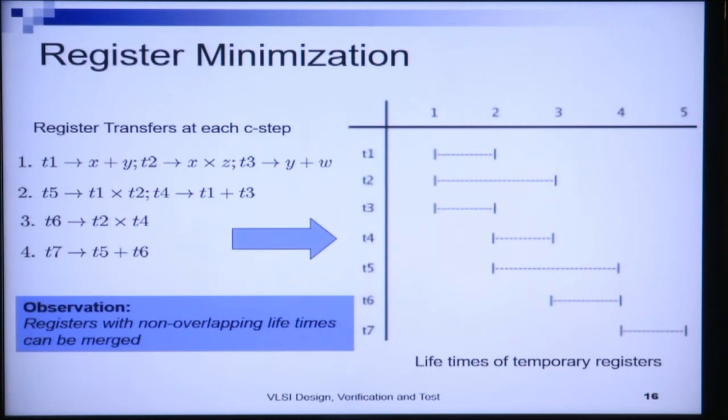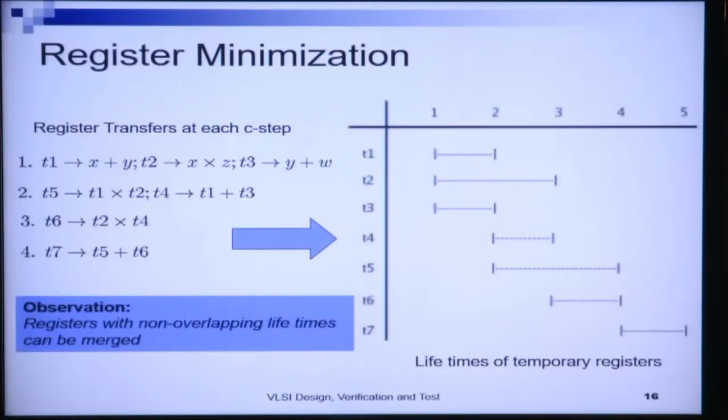We infer that registers with non-overlapping lifetimes can be merged. Temporary registers whose lifetimes are non-overlapping can be merged and allocated the same instance of a hardware register. For example, here T1 and T4 can be allocated to the same instance of a register.